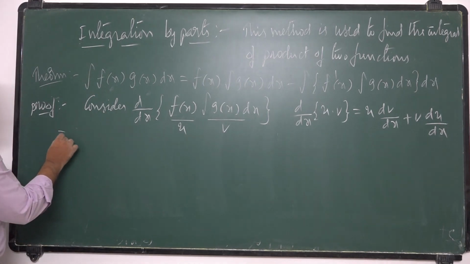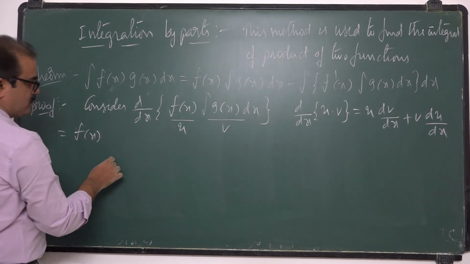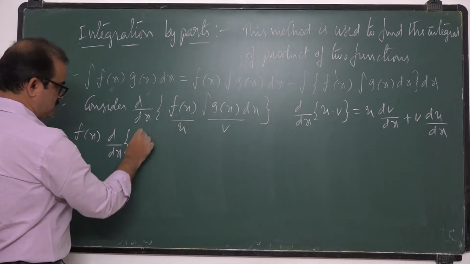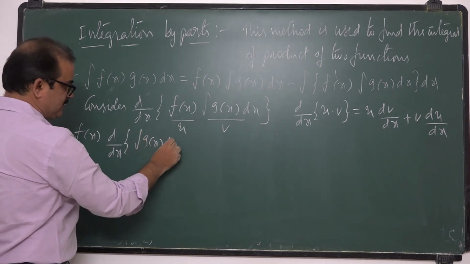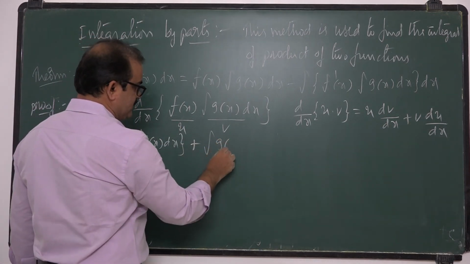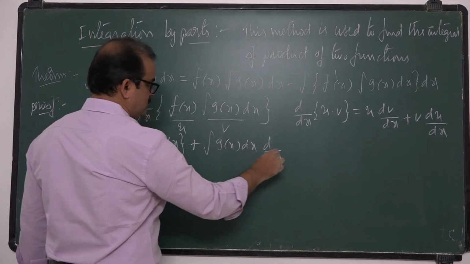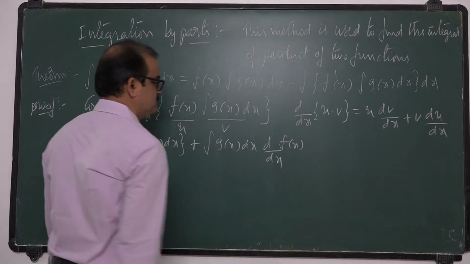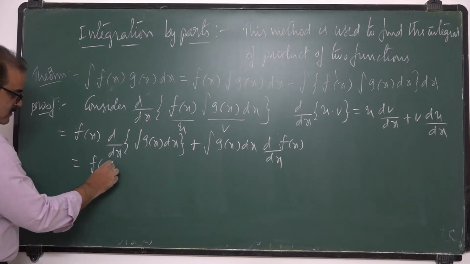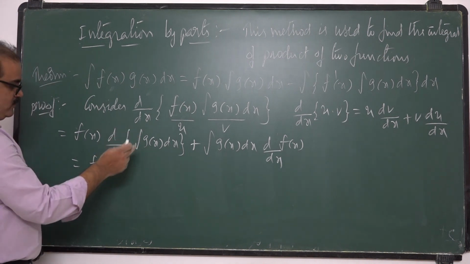From this it is f of x into d by dx of what is v? Integral g of x dx plus v into what is v? Integral g of x dx into d by dx of u, that is f of x. F of x into, we know integration is antiderivative.